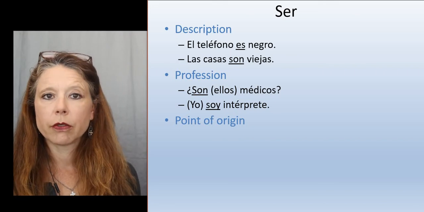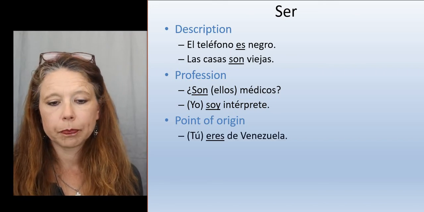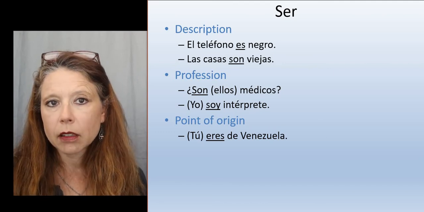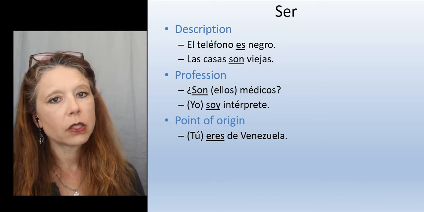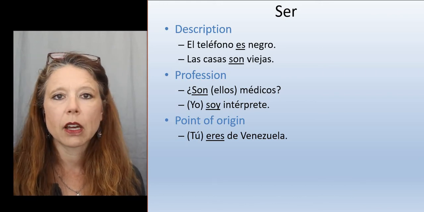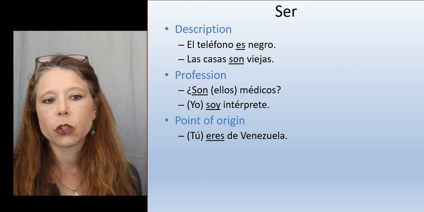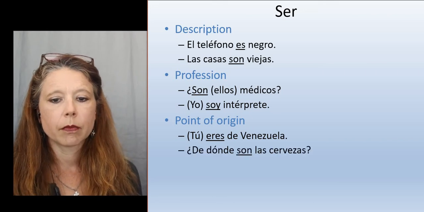We also use the verb ser when we're talking about point of origin. So we say, tú eres de Venezuela. You are from Venezuela. Or we could leave the tú off and just say, eres de Venezuela. And it's understood. You are from Venezuela.